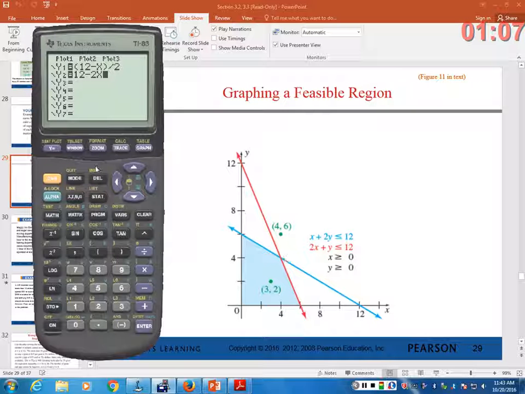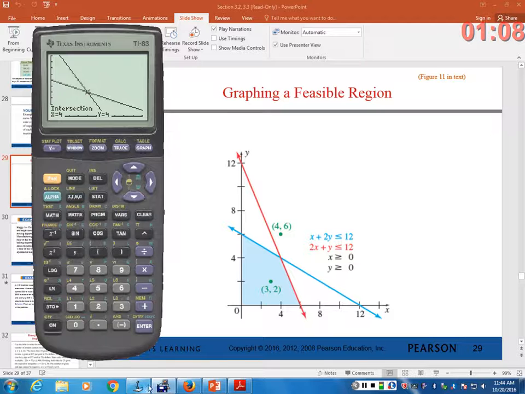And since I know it's in the first quadrant, I'll go 0 to 10. And hit graph. And find that intersection point. So the intersection point's 4, 4. So I'll switch to your notes here and we'll figure this out.